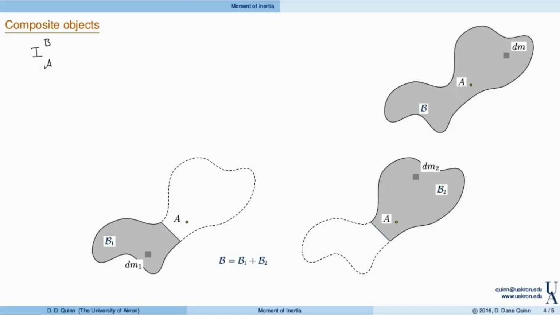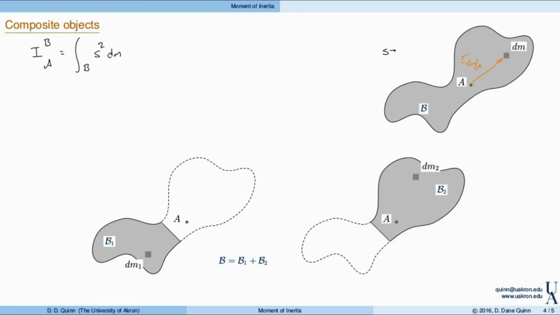Well, of course we know how to do that, thinking about this as a single object. So we have the position of dm with respect to A, and we will describe the moment of inertia as the integral over the body of s squared dm, according to the previous slide.